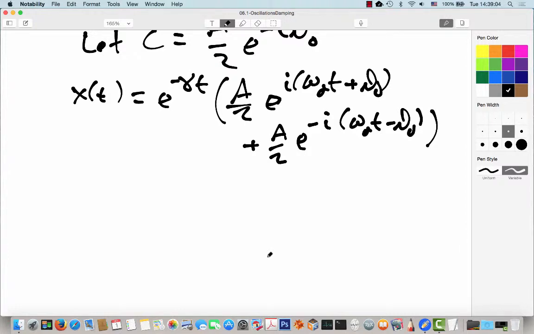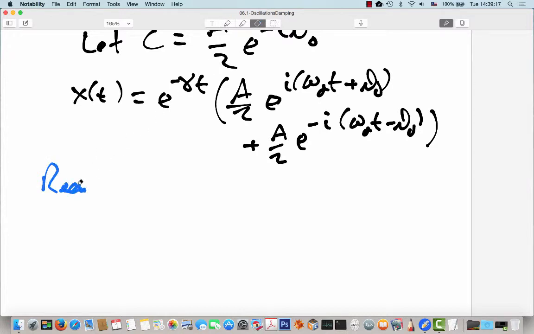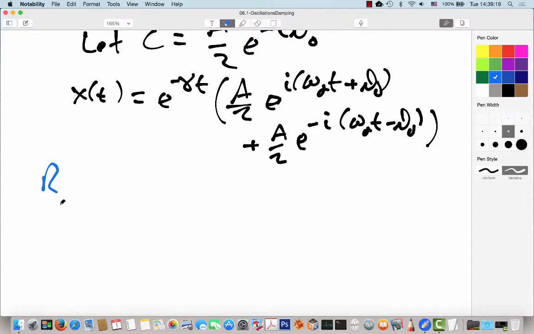So to get into some sort of happy sines and cosines, let's go ahead and use Euler's identity. So just recall, you gotta love Euler. Euler and Gauss, between the two of them, if you forget the name of a theorem, you've probably got a 50% shot of getting it right if you guess one of them.